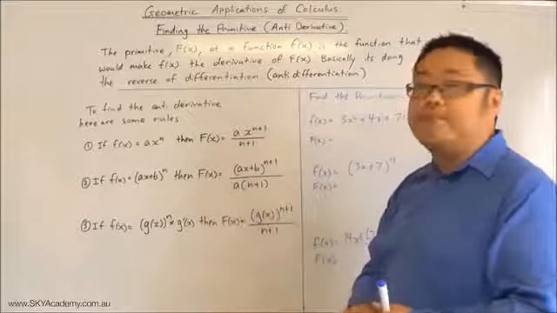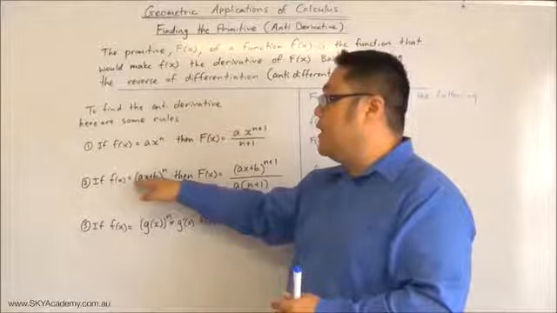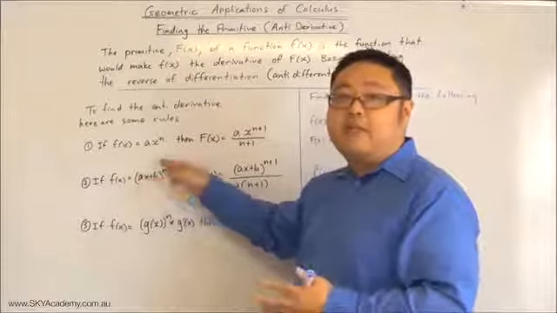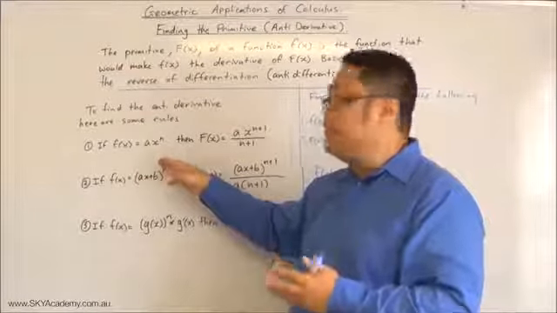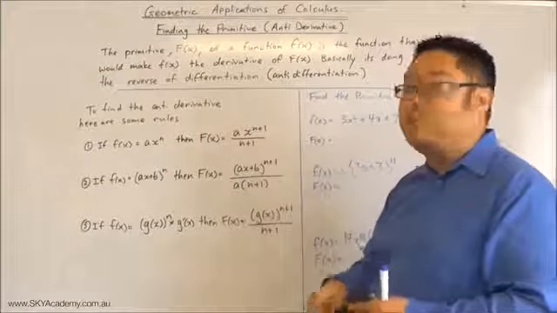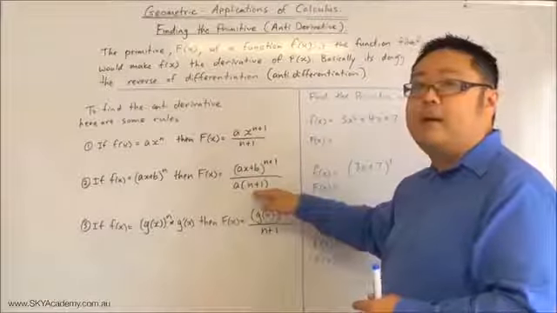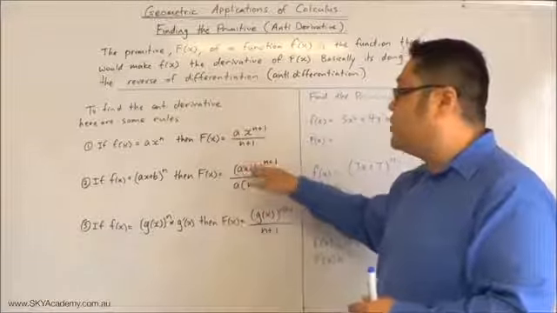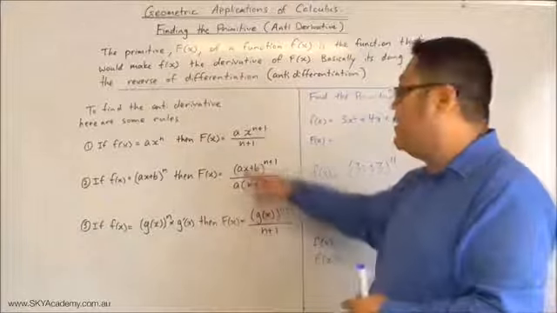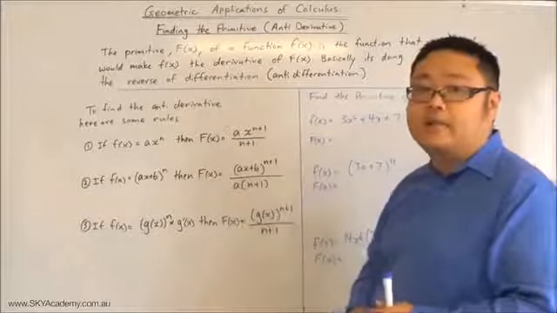Where you've got a binomial expression to the power of n, you raise the power of the binomial by 1, divide by the new power, and you divide by the differential of the inside. In this case, ax plus b, you're dividing by a as well.